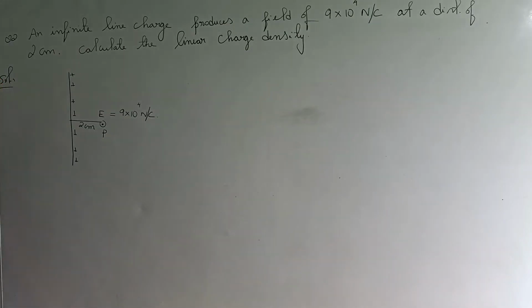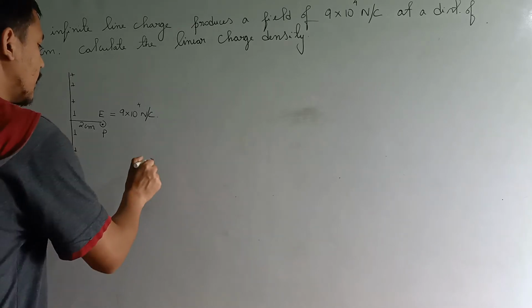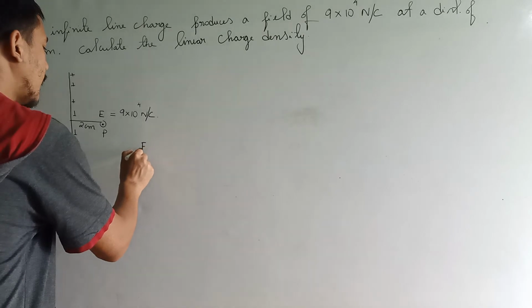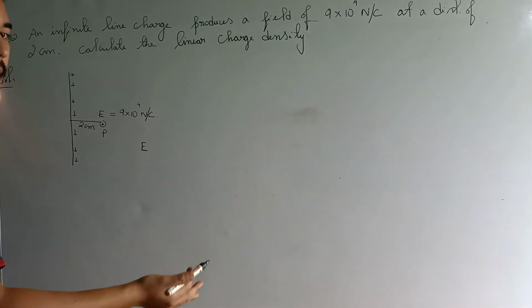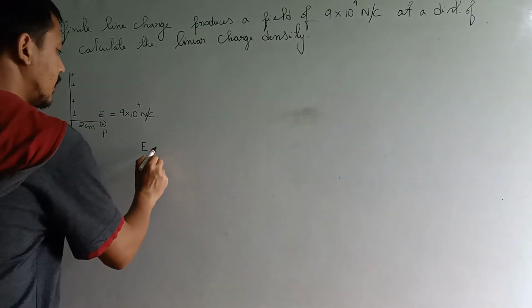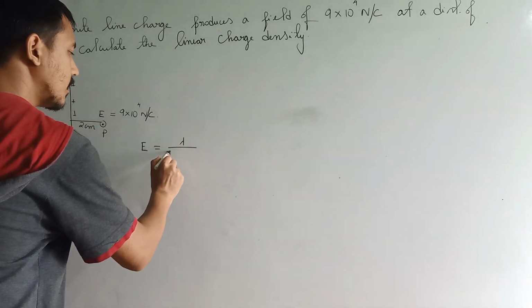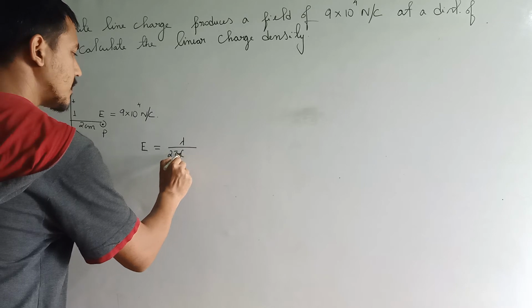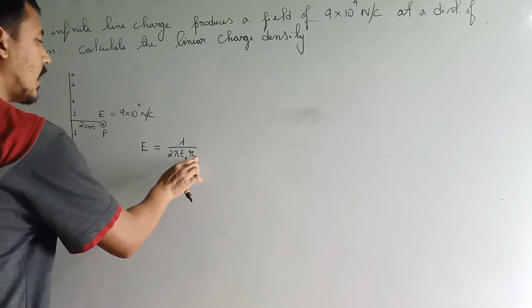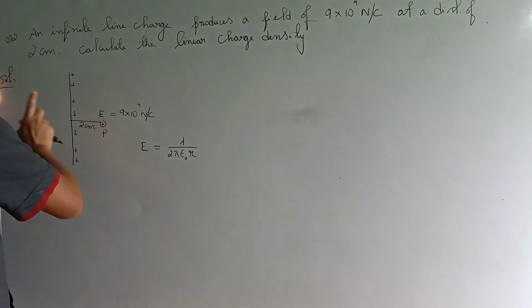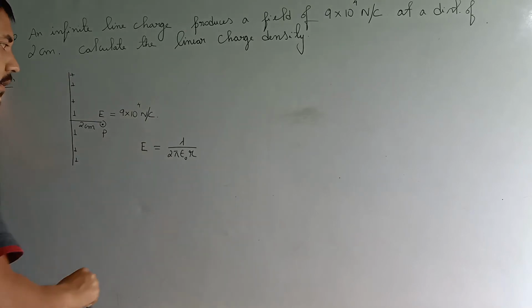Now, in the application of Gauss law, in the previous video we have seen that the electric field at any point due to a line charge is given by lambda upon 2 pi epsilon naught into r, where r is the distance of that point from the line charge. We want to calculate lambda now.